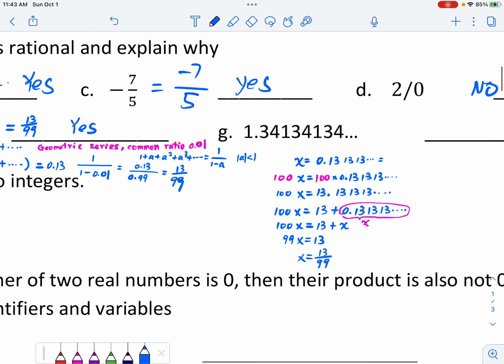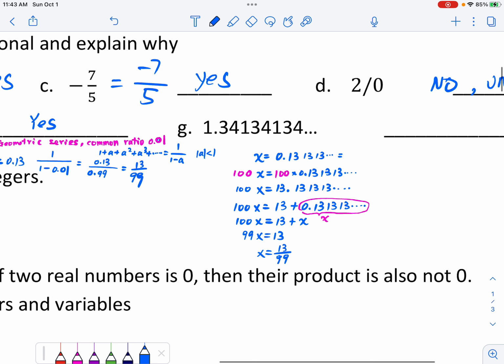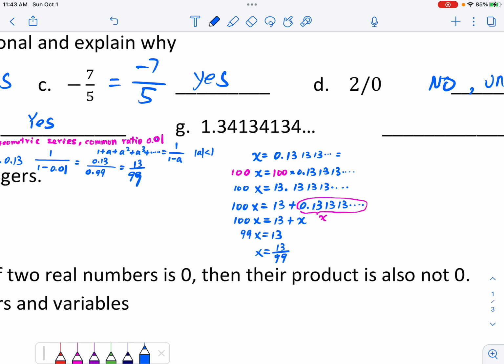All right, similarly, the very last one. If you see that this is a repeating pattern, you certainly have to find two integers so that this number is equal to the ratio of those two integers, and I'll leave this for you to try.